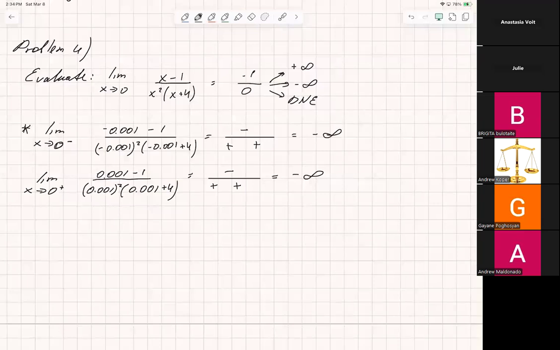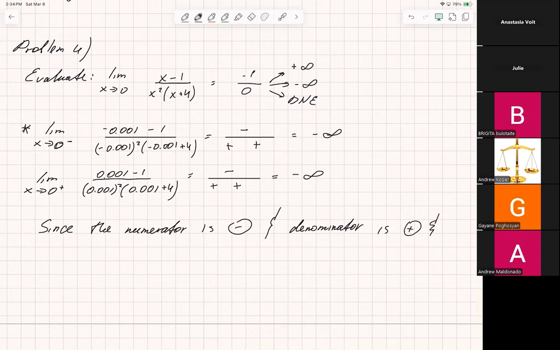But what I want you to write as the official answer for this question, you can say: since the numerator is negative and the denominator is positive and very small, as x approaches 0, the limit becomes very large and negative.